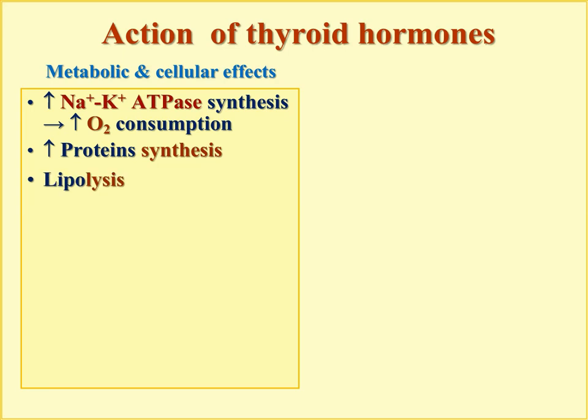Lipolysis. For fats, there is breakdown of lipids, so that free fatty acids are formed. And you know that fatty acids are the most calories-containing substances. The fats generally give per each gram 9 kilocalories, while the other substances just 4 kilocalories. So lipids, free fatty acids, are good source of energy.